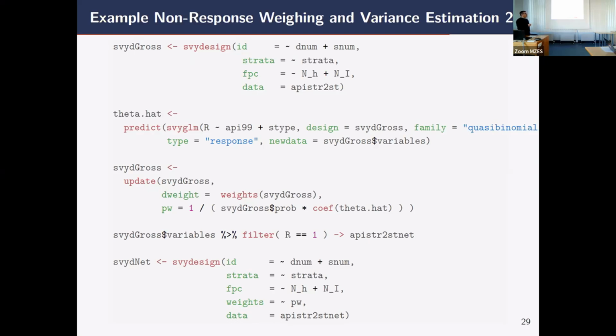I'm using survey GLM and using here the data from the growth sample. What the survey package does here, you see, I don't define here any weight. But because I'm providing the finite population correction, it will compute the appropriate design weights.